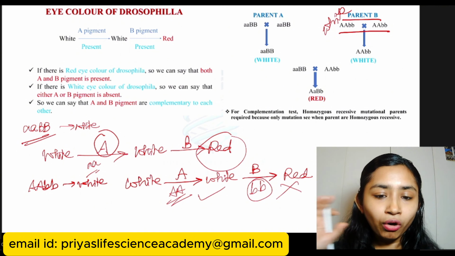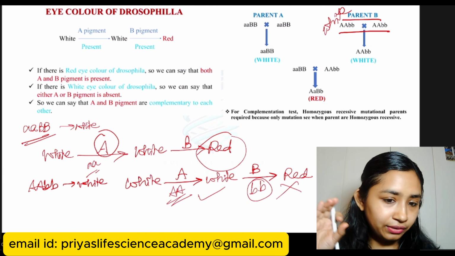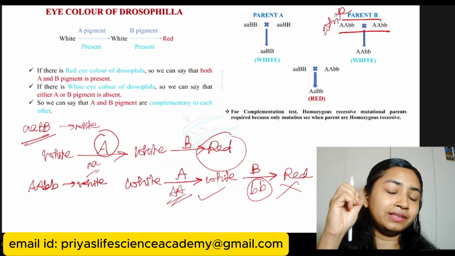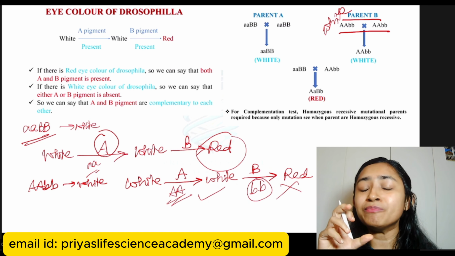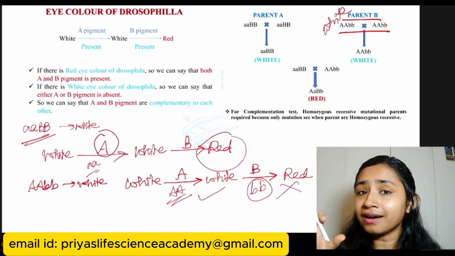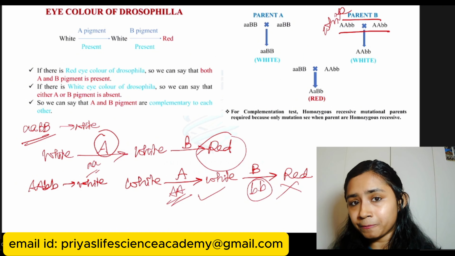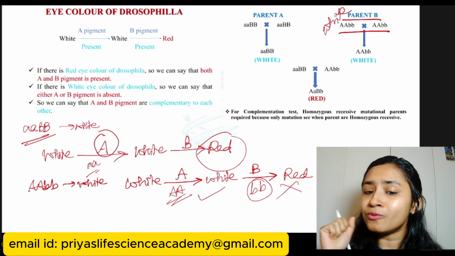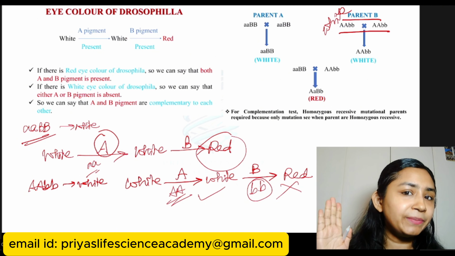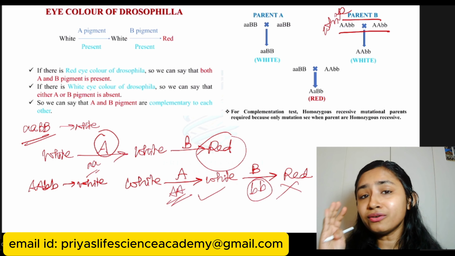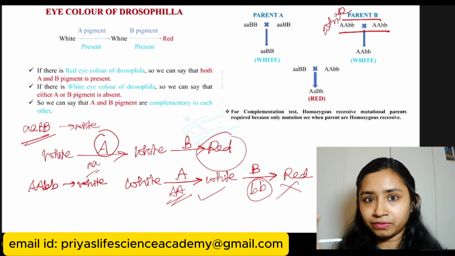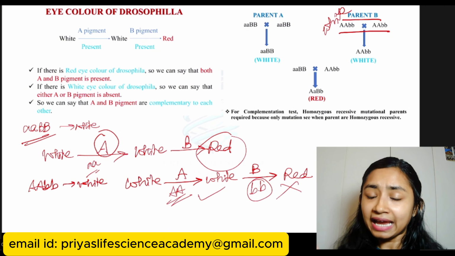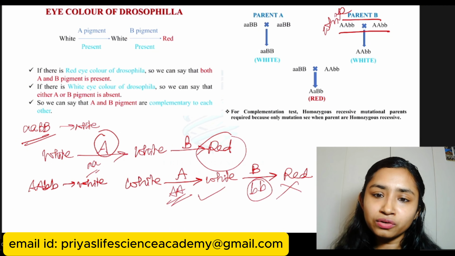In order to get a red eye color, you need both the gene capital A and capital B. So both genes are complementary to each other. That is why we are getting red pigment. So this is known as complementation, when a characteristic is determined by the combination and complementation of the two genes. These two genes together work and give us the red eye color of Drosophila.